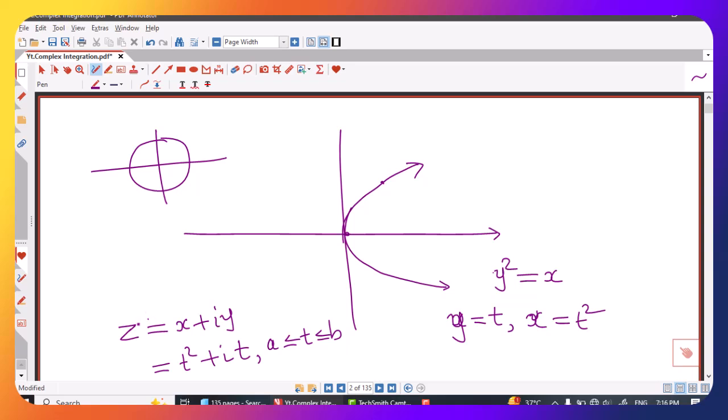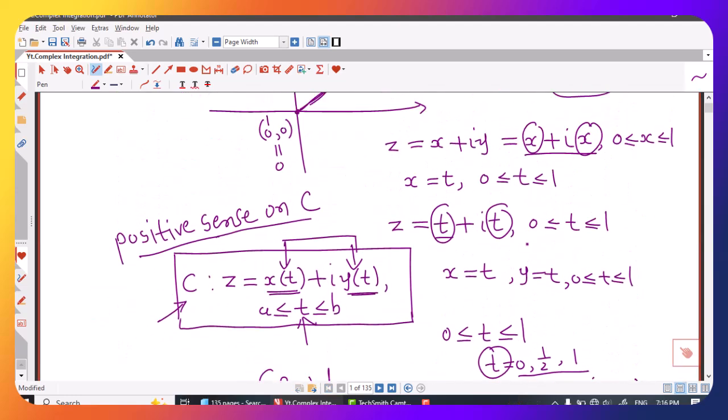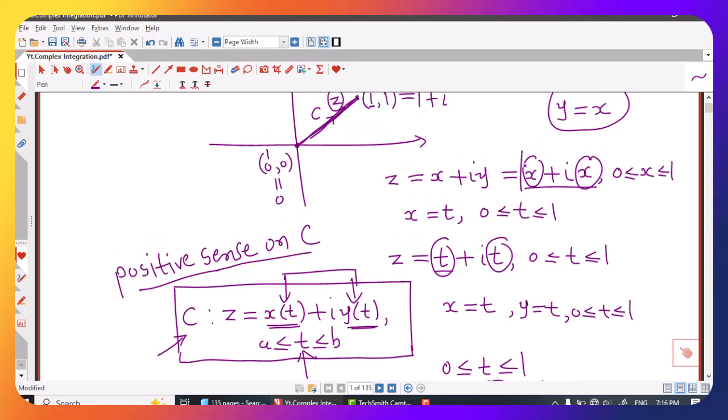So whenever required, we will convert our curve either into the parametric form, or we will keep either the x variable or the y variable. We will try to write down our curve either in the form x plus ix, or if required we will write it in the parametric form also. This is also a parametric form, but here I am not taking x equal to t, I consider x as the variable.